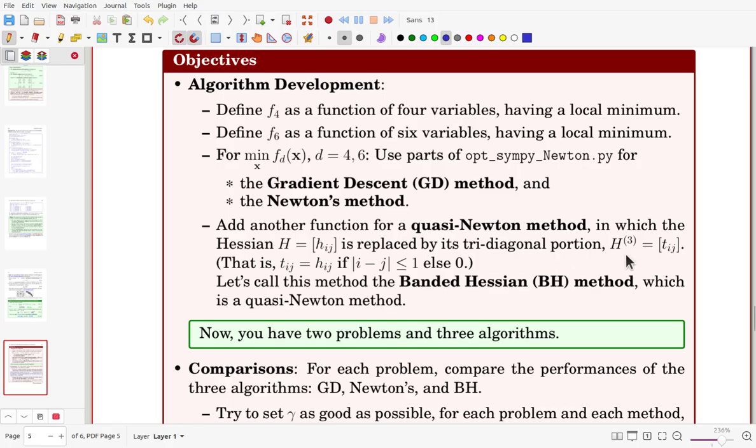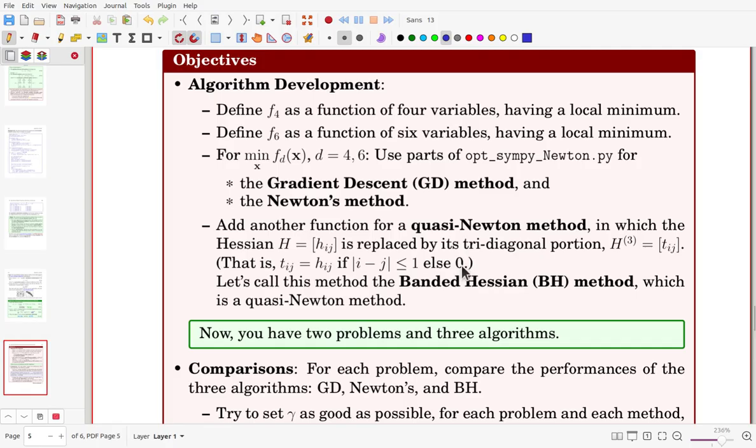Let's call the tridiagonal portion H3, and the entries are Tij. Then Tij is the same as the original Hessian when the absolute value of i minus j is less than or equal to 1, so that only the tridiagonal part will be the same as the original Hessian, but otherwise you put the value 0.